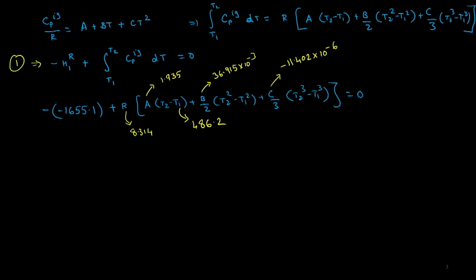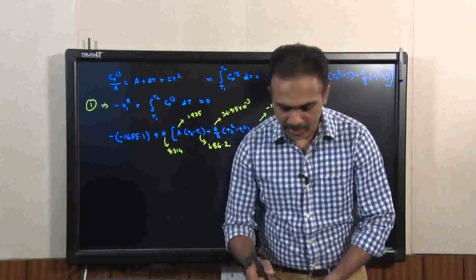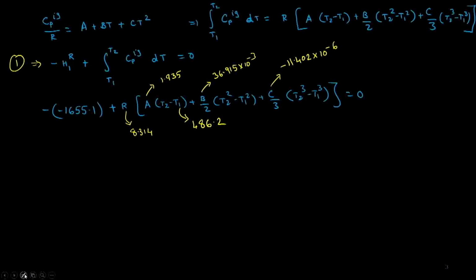Now everything in equation 1 is known except T2. So I can solve this equation with any suitable software; you could easily do it in Excel, for example. It turns out the value of T2 you will get by solving this equation is 474.5 Kelvin.